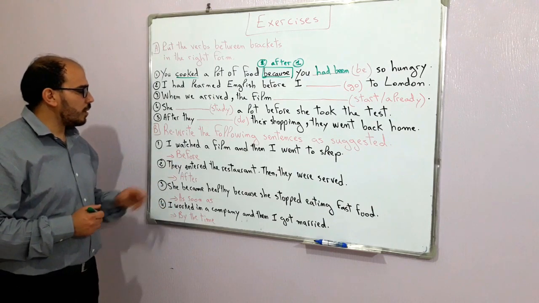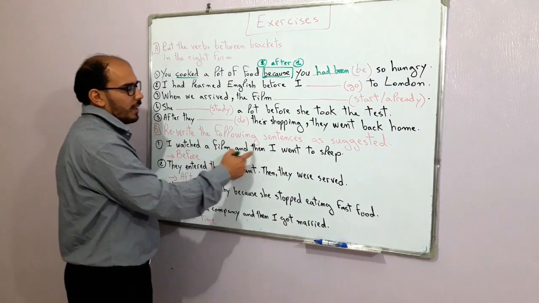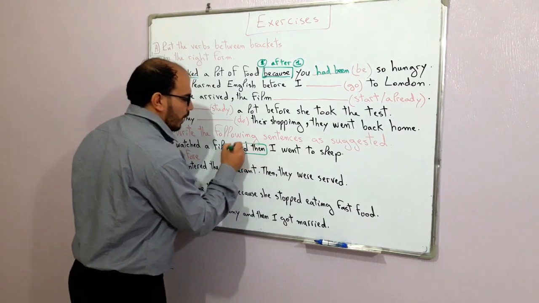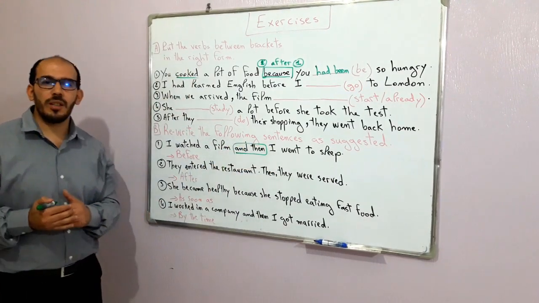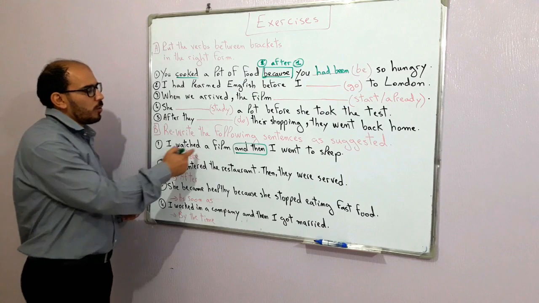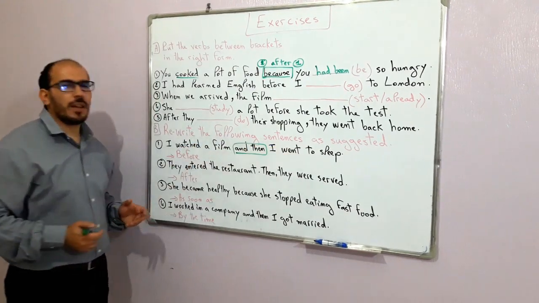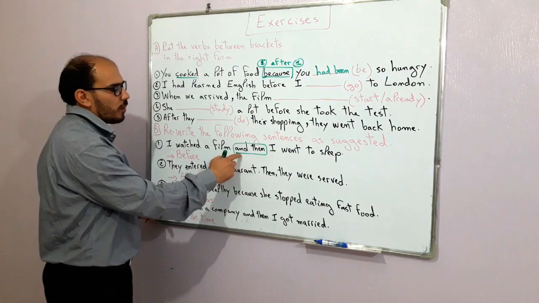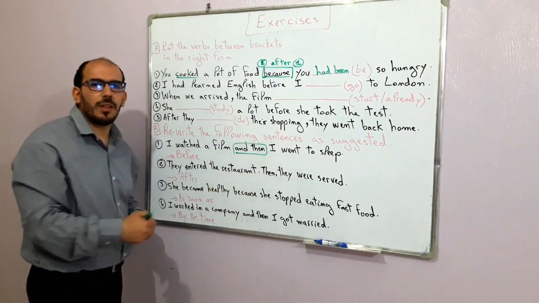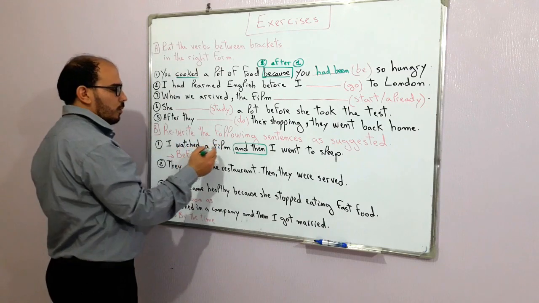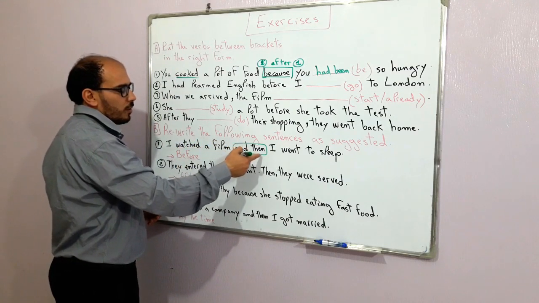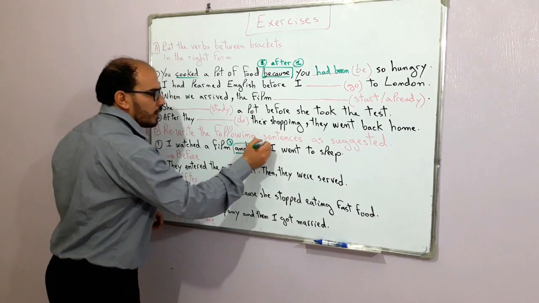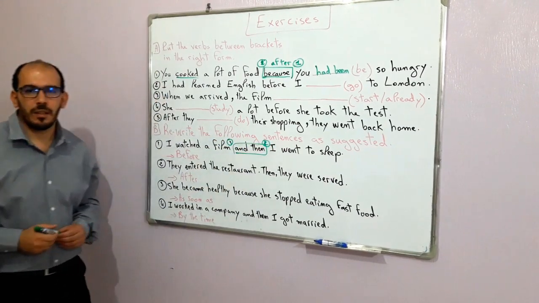For example, sentence number 1: I watched a film and then I went to sleep. So we have the words and then, which give order. We have 2 activities in the past. This means that this is the past perfect, and I have to know the order. When I say and then, this means what comes next. So this is activity number 1 and this is activity number 2.